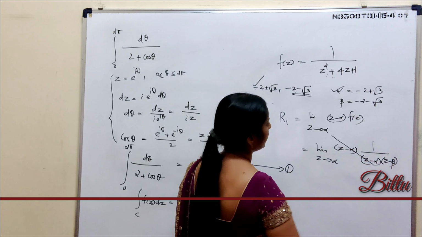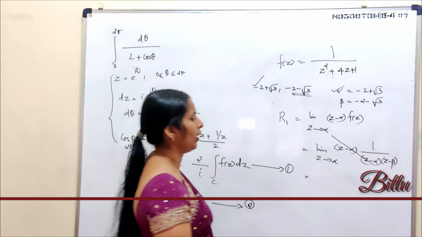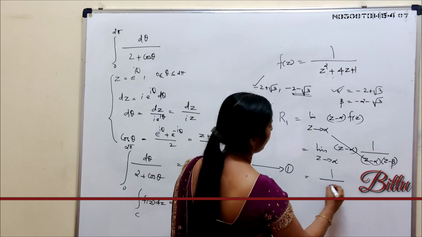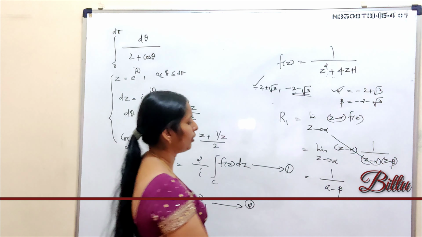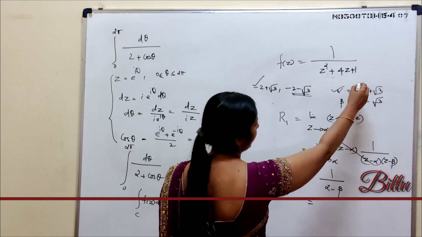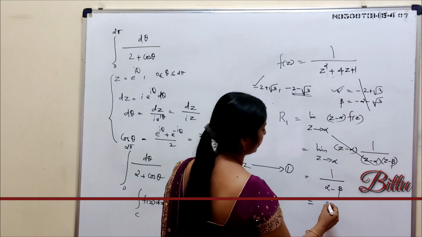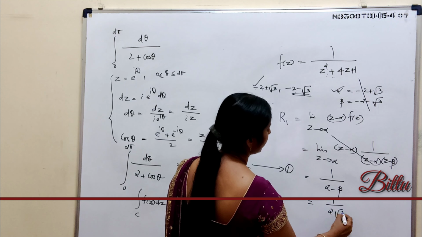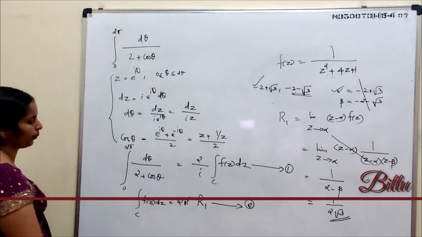You can see z minus alpha will cancel each other. And you put z equal to alpha. Then you can see the limit is 1 by alpha minus beta. What is alpha minus beta? While taking alpha minus beta, this will cancel and this will add up. So 2 root 3. 1 by 2 root 3. See, this is R1. You put in equation number 2.